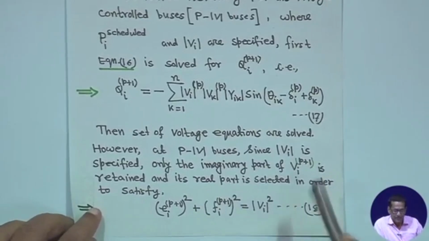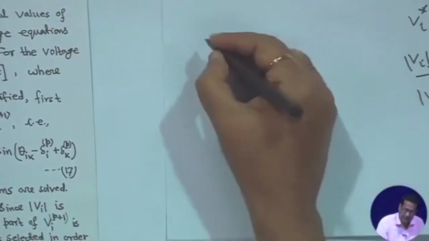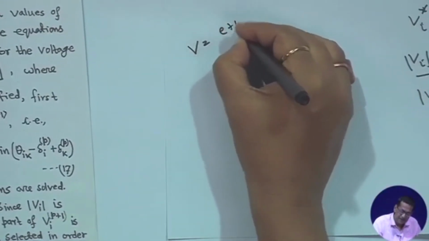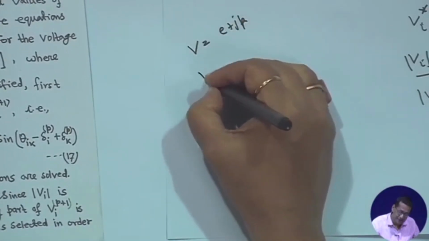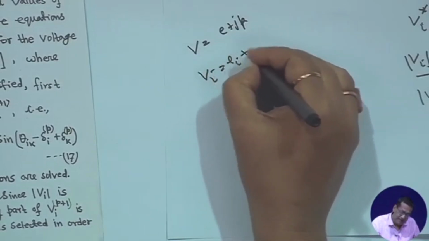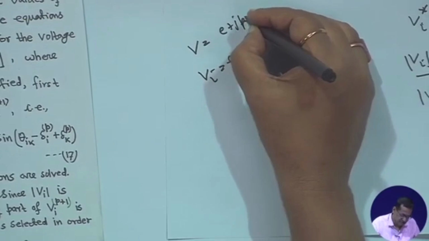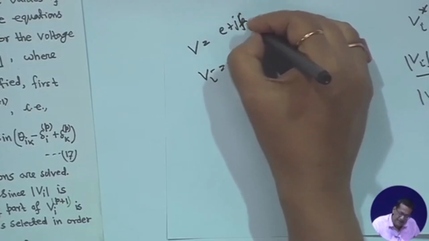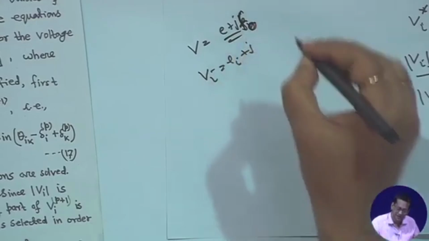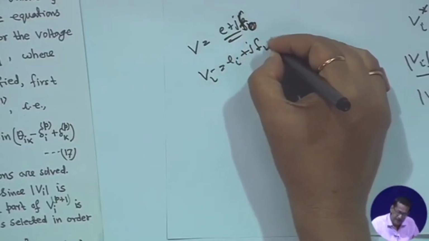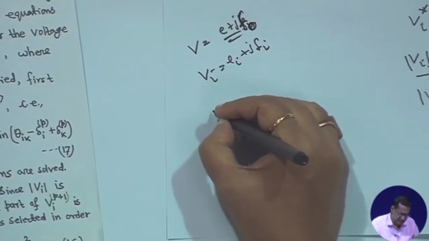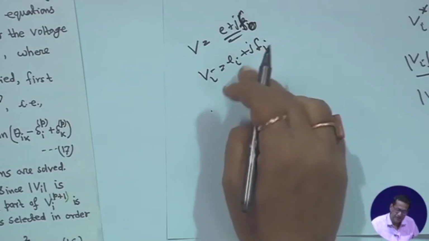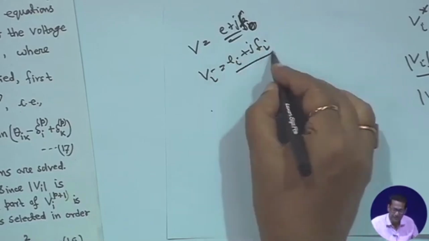In general V is equal to E plus jF, so for the ith bus you can write Vi is equal to Ei plus jFi, and for any iteration you can put in that iteration number. So, Vi is equal to Ei plus jFi.